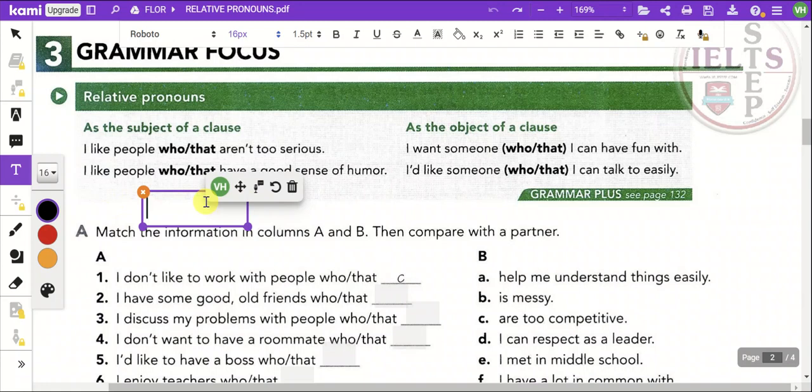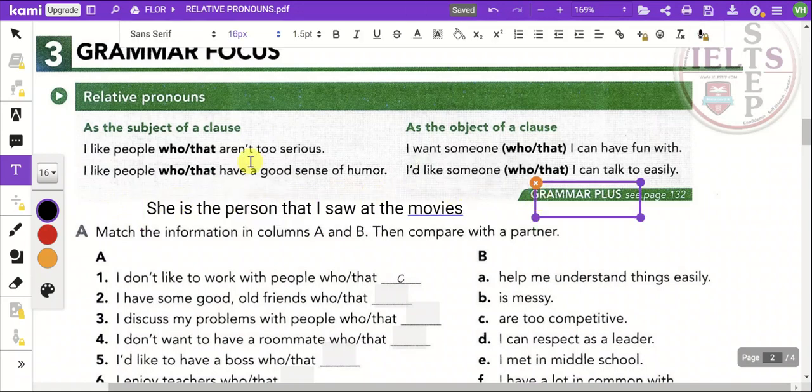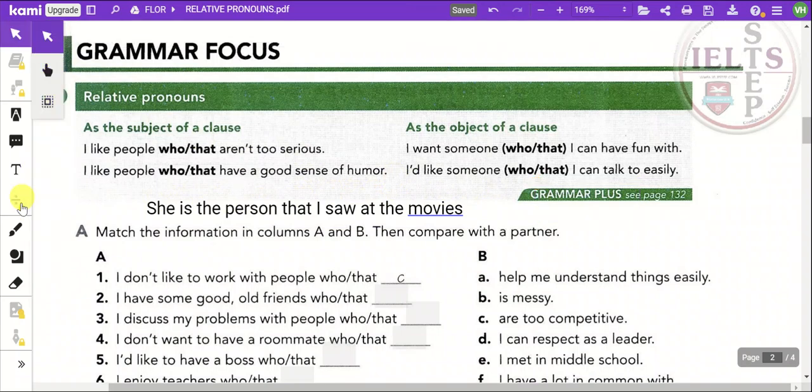Entonces por eso ponemos that. Por ejemplo, she is the person that I saw at the movies. Right? So she is the person that I saw at the movies.